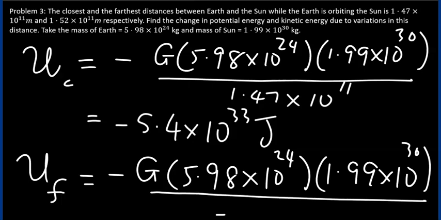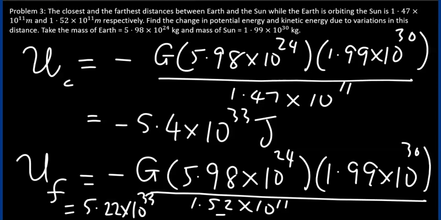Now the furthest distance is 1.52 times 10 to the power 11. And that will give you 5.22 times 10 to the power 33 joules. With a minus, of course.